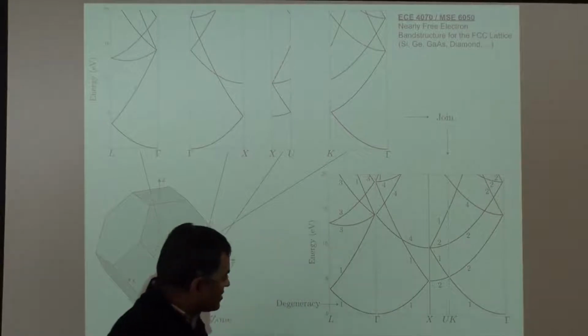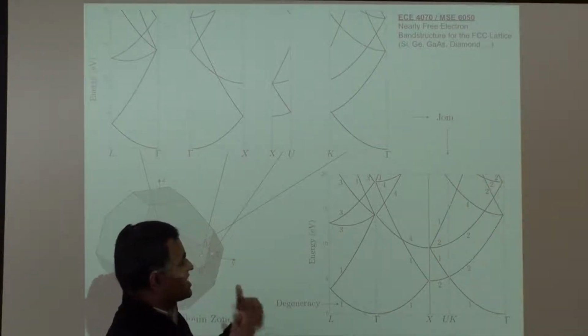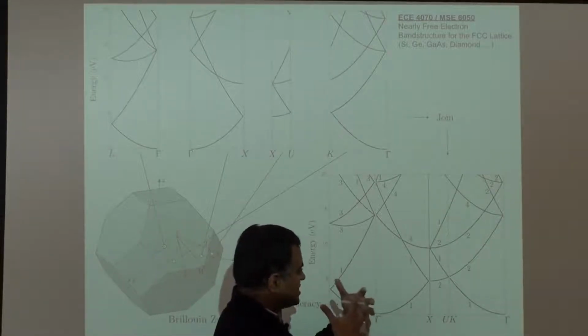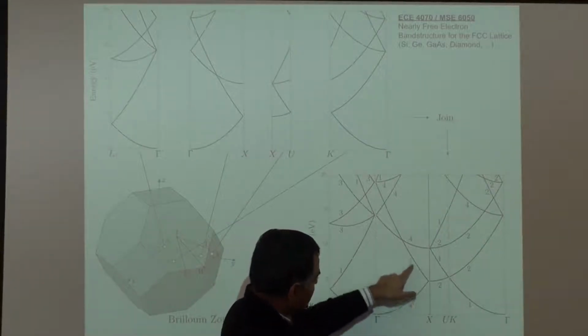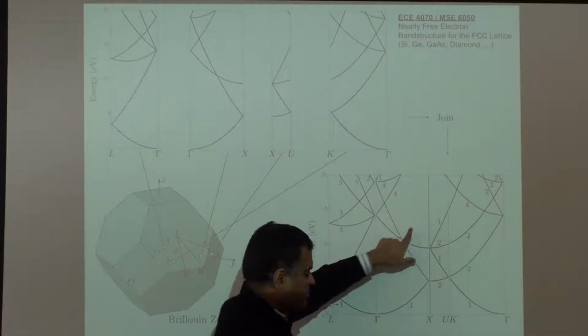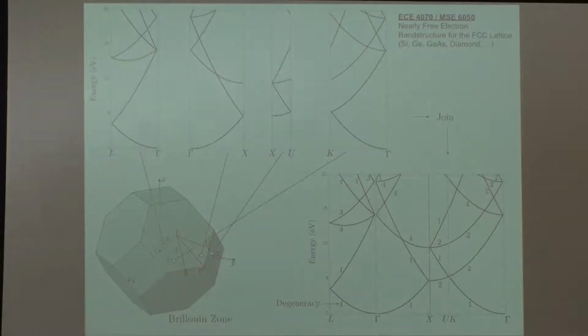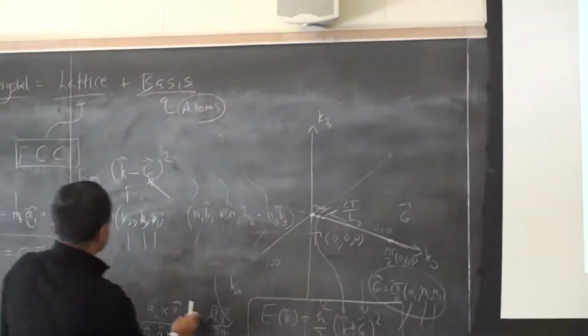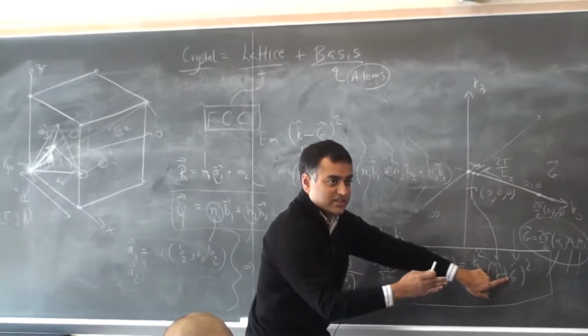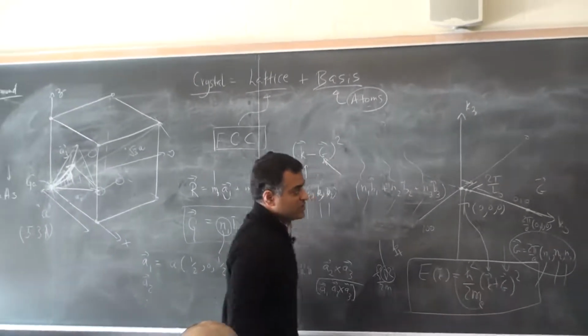But because now the electron will get scattered, as in the electron will interfere with the crystal, and it will experience the periodicity of the lattice, you have multiple bands now formed here. And it picks up the periodicity of the crystal through the addition or subtraction of G vectors as the electron moves through the crystal.